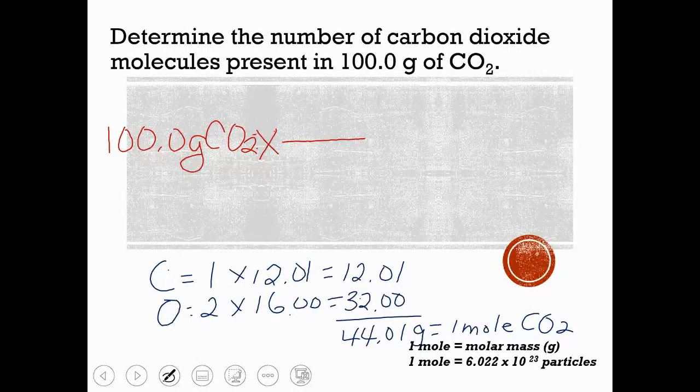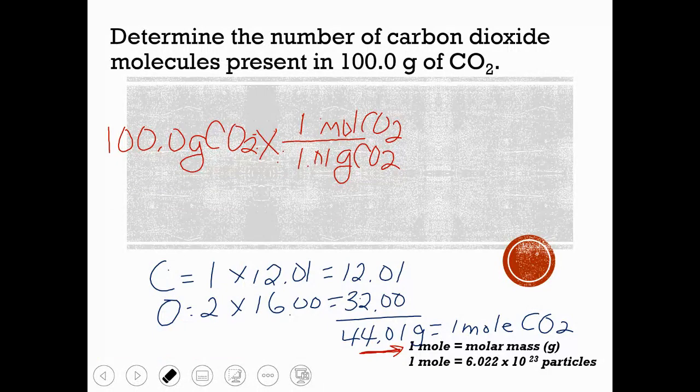It's a little harder to write. But we can use this top conversion first in this case. Why? Because we need to go from grams of CO2 to moles of CO2. We know that 1 mole is equal to 44.01 grams. How did we get that 44.01?